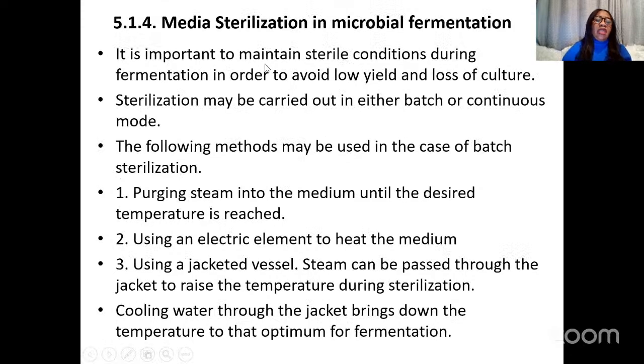So one key thing that is important is that you have to keep the fermentation process very, very sterile. Maintain sterile conditions while carrying out the fermentation process. You might be wondering, why do we have to keep it sterile when it is microorganisms we're looking for to use in this?